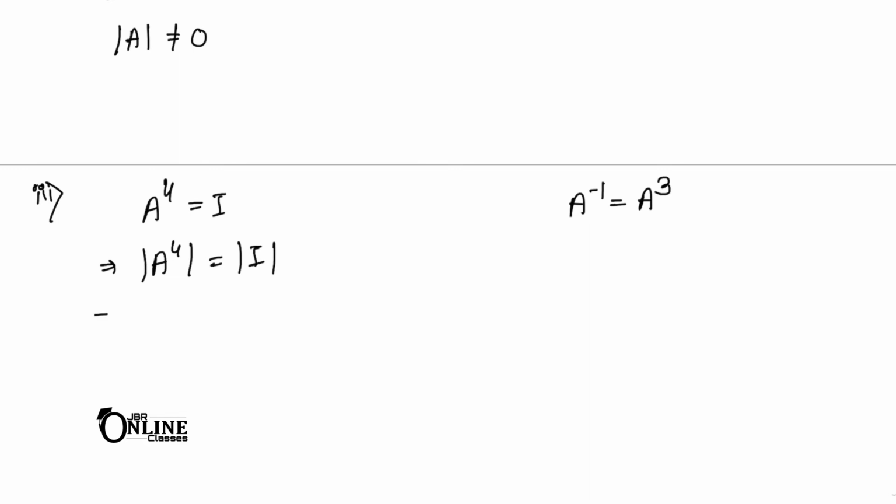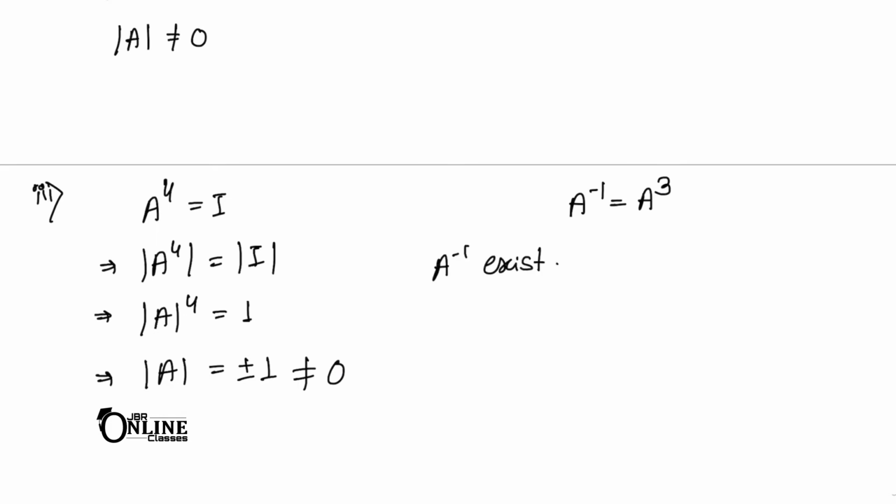So as here A to the power 4, you can write det A to the power 4 equals 1. So that means det A equals plus minus 1, and that is also not equal to 0. Okay. That means again A is non-singular, so A is invertible. That means A inverse exists.